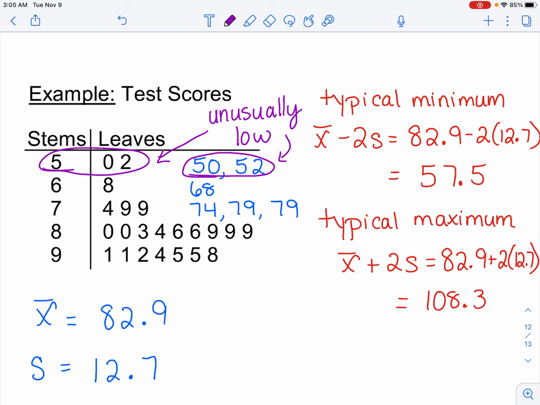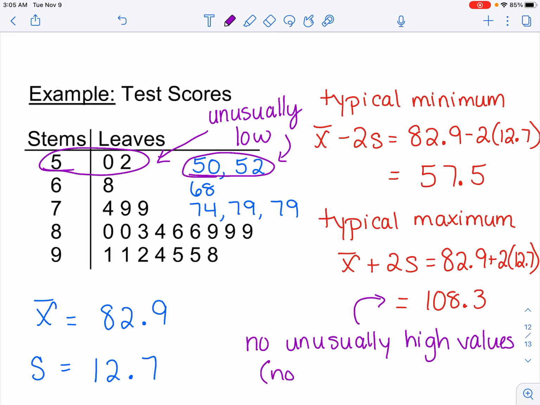Okay, there are no unusually high data values, because there's nothing above 108.3. Our largest data value is 98. Oops, 108.3. There we go.